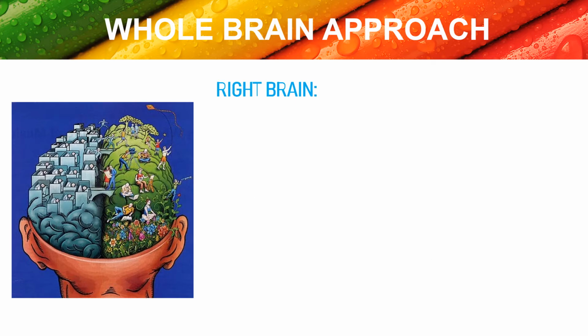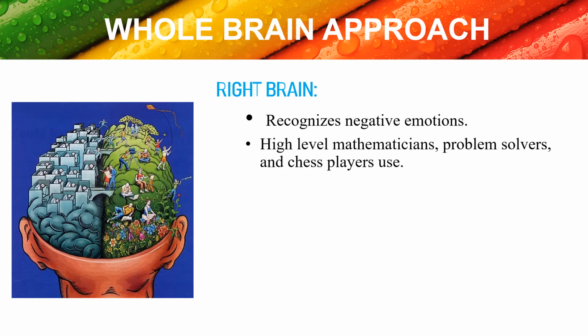Let's see about the right side brain, or right brain. Our right brain recognizes negative emotion associated with any work or any kind of activity. The right side brain has a high level of mathematical and problem solving ability. This is used widely by chess players while playing the game. As we all know, the left side of our brain comprehends the language which is used in communication.